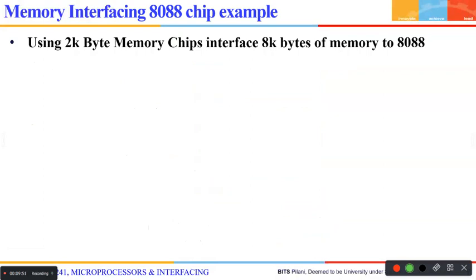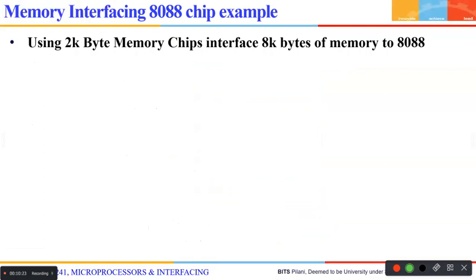For the 8088, it has an 8-bit data bus. Memory also has an 8-bit data bus. No mismatch at all. Whatever 8-bit data the 8088 microprocessor wants, it can take directly from one memory chip. Yes or no? But your 8086 microprocessor has a 16-bit data line, and your memory chip has only 8 data lines.